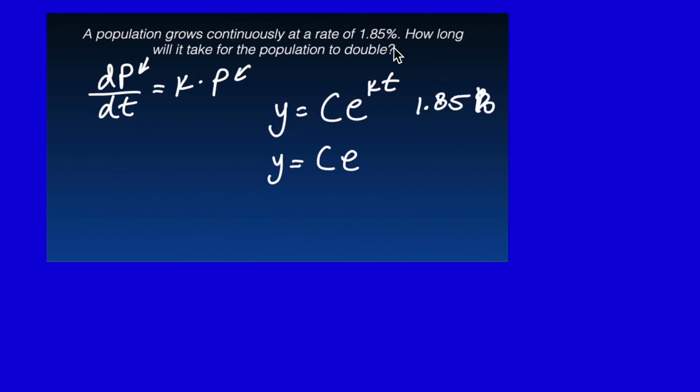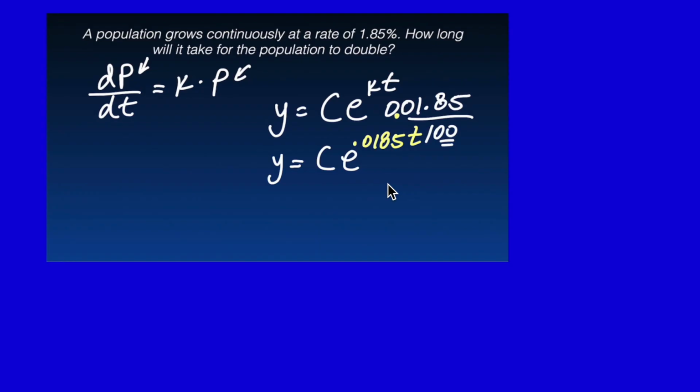We're going to take away the percent symbol and divide by 100. When you divide by something, it gets smaller. So we're going to move the decimal place 2 times to the left because there's 2 zeros in 100. So the k value is going to be 0.0185 to the t.